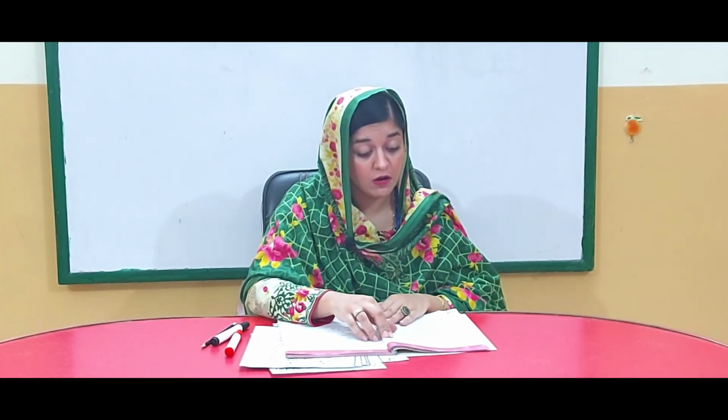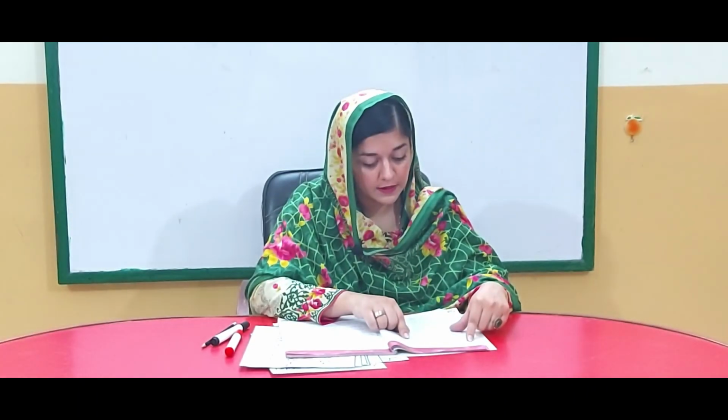Exercise 14: write whether the numbers are written in ascending or descending order. We just have to check whether the series given to us is in ascending or descending order. Clear? The first one is 154, 155, 156 and 159.